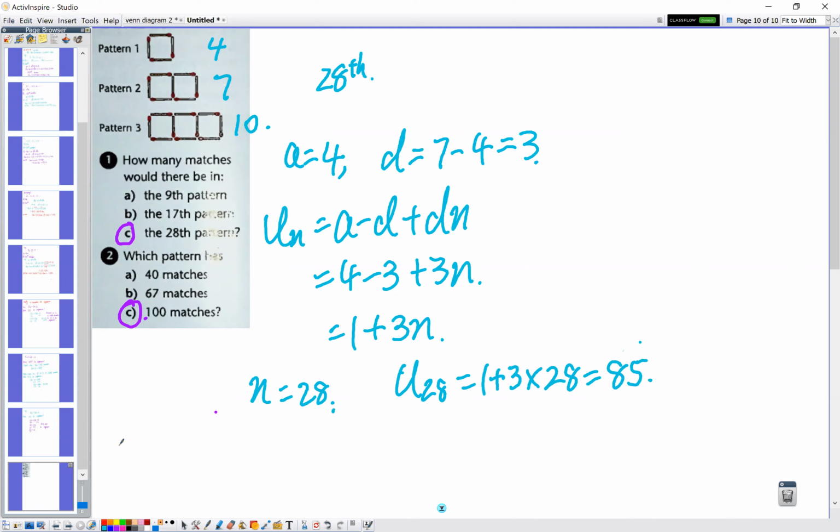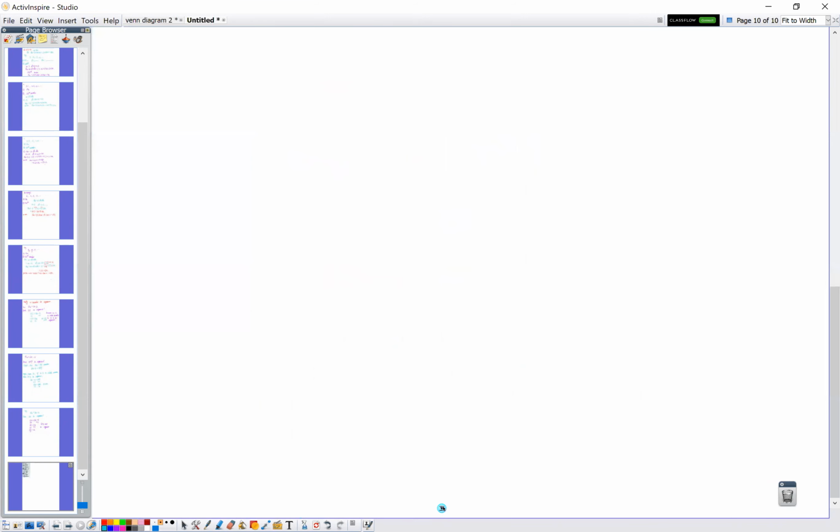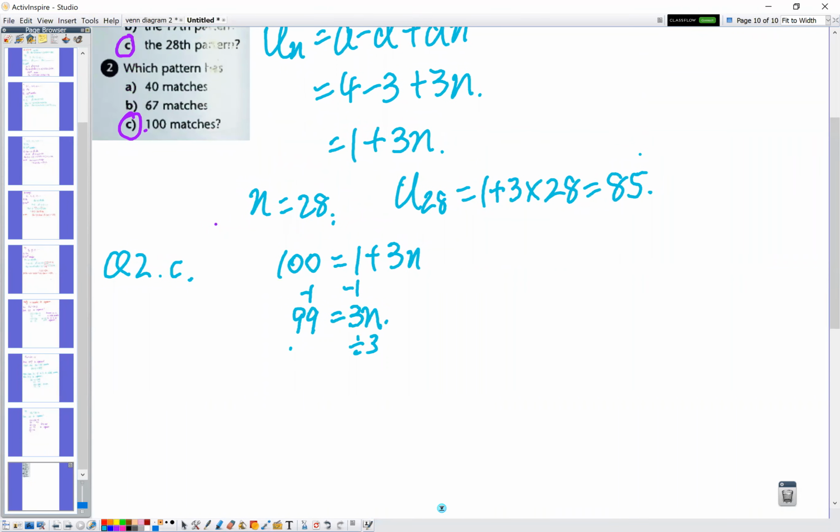And the second one, question 2C, 100 matches. So 100 equals 1 plus 3n. We take away 1 on both sides, 99 equals 3n. So we can divide by 3. So n is equal to 33. So that is how you work it out for this one.